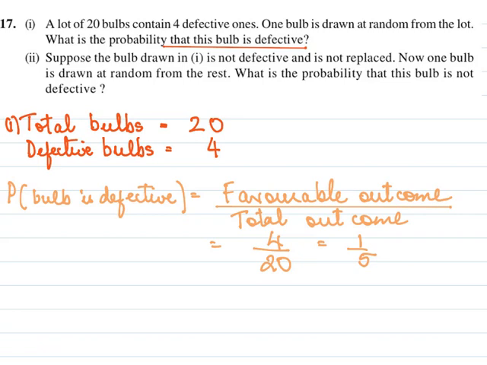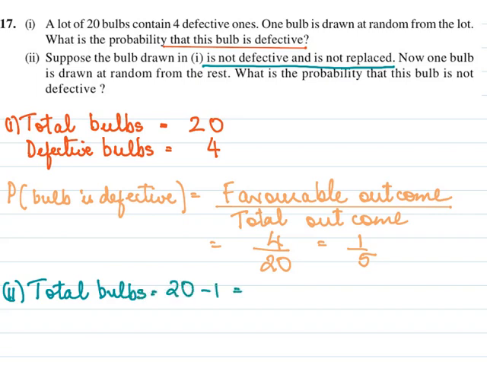Now in the second part, suppose the bulb drawn is not defective and is not replaced. So one bulb, a good bulb, has been removed. So the total bulbs now is 20 minus 1, and that is 19. We need to find the probability that the bulb is not defective.